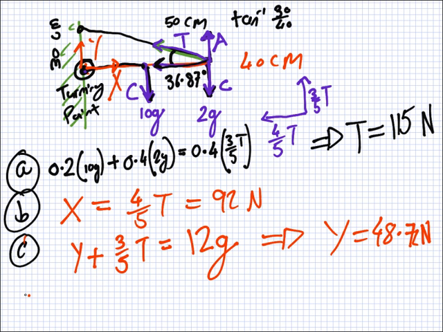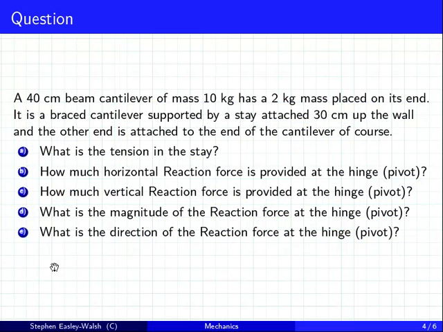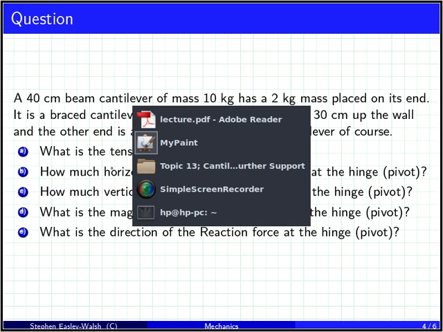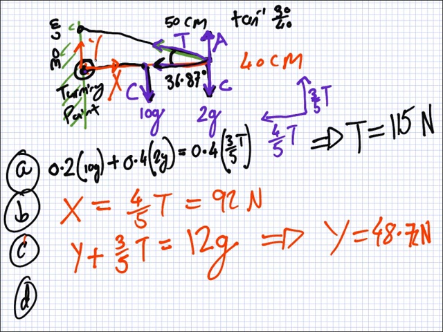Right. D. What is the magnitude of the reaction? So if you combine these two reaction forces, you'll get a total reaction force in this direction, which I'll call R. Now what's interesting is, at the start of the question, you might not have guessed that that was the reaction at the hinge.